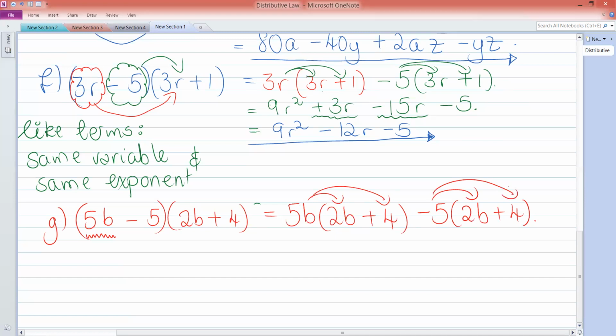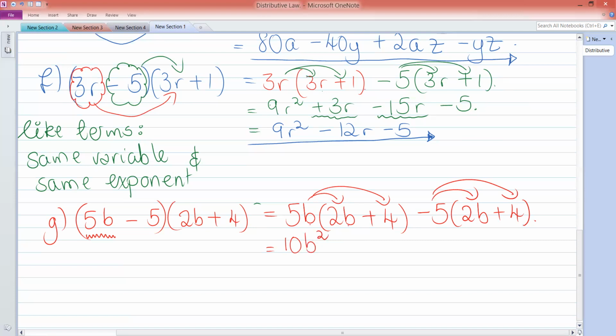We're now going to distribute each term into each of the terms inside the brackets. So let's start with the coefficients. So 5 times 2 gives us 10. Then b times b gives us b squared.